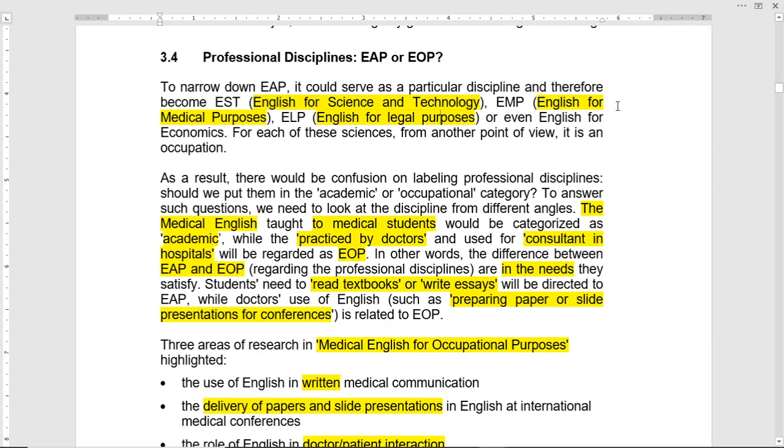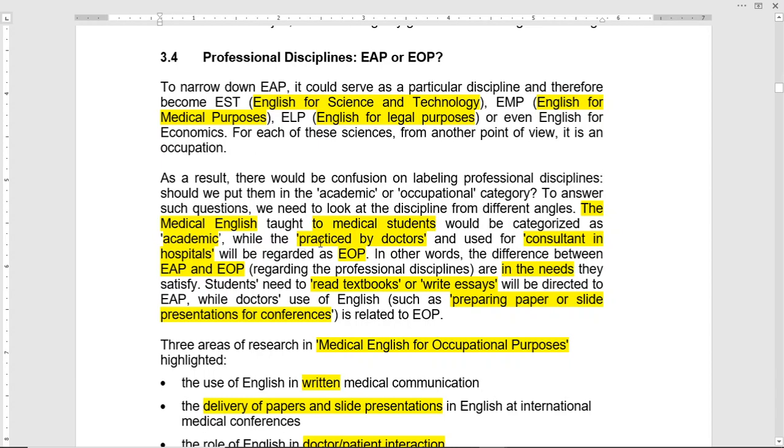Then EMP, English for medical purposes, English for legal purposes, and so forth. As a result, there would be confusion in labeling professional disciplines. So should we put them in the academic or occupational category? But we can distinguish it.